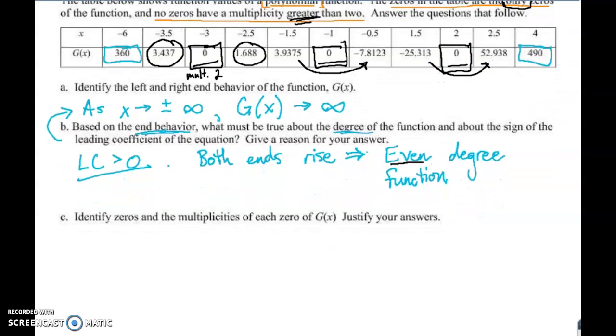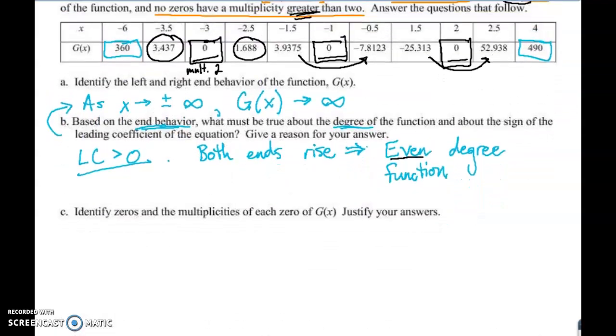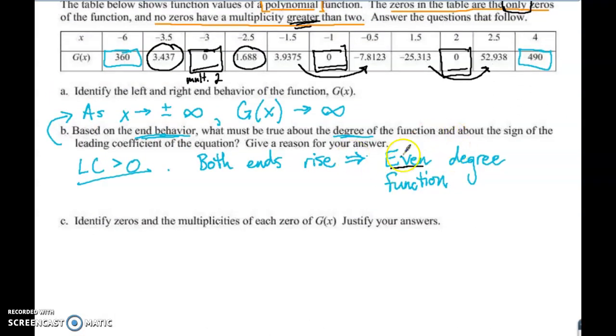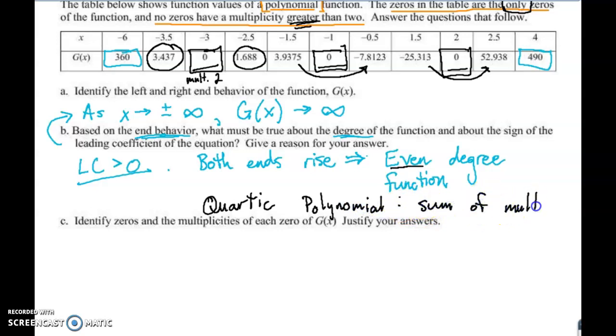So now we can deduce that it's more specifically a quartic polynomial. And I'm kind of answering part C as well. Because the sum of the multiplicities is 4.